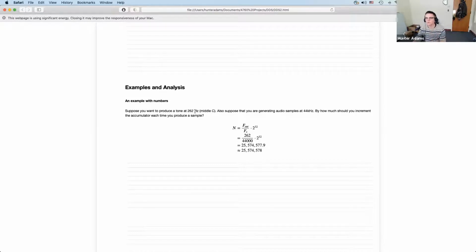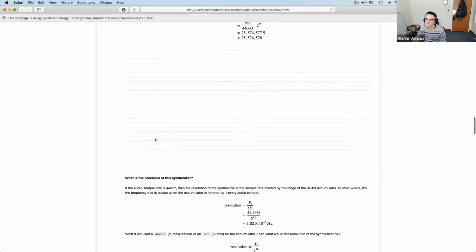And if we do that, we'll produce 262 hertz. With how much precision, we're going to talk about in just a second. How close can you get to 262 hertz? Turns out shockingly close. That's how you do it. Questions about this?